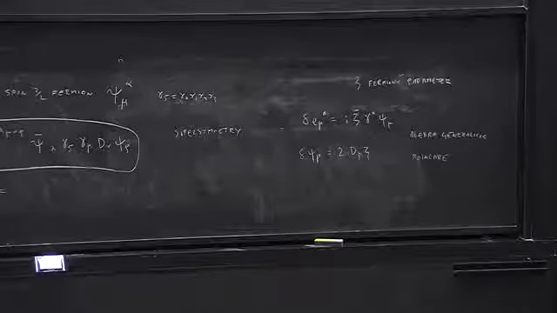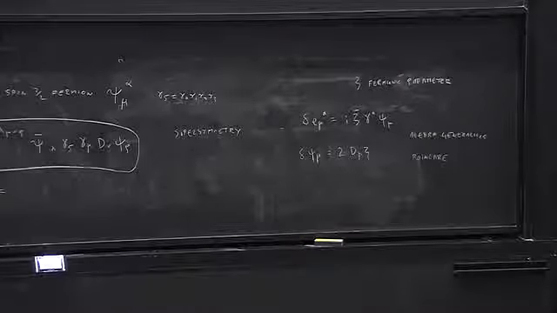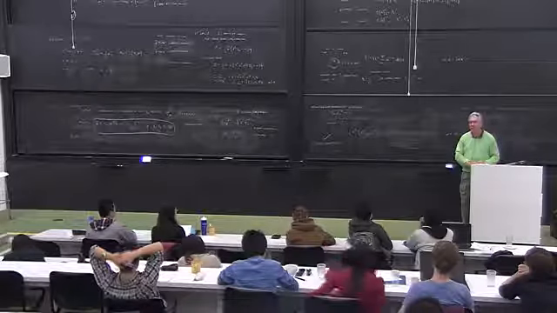So in some hand-waving sense, supersymmetry is the square root of general relativity. And if Einstein had not already invented general relativity, supersymmetry would have forced us to invent it.